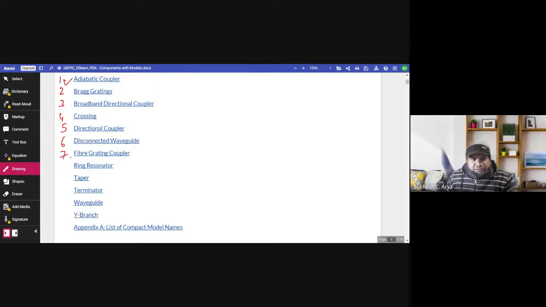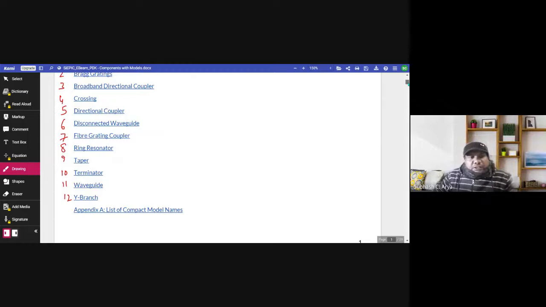Seventh is fiber grating coupler. Eighth ring resonator. Ninth taper. Tenth terminator. Eleventh waveguide. Twelfth wide branch. So approximately there are 12 components, and in the appendix this list of component names is given. So let us begin.